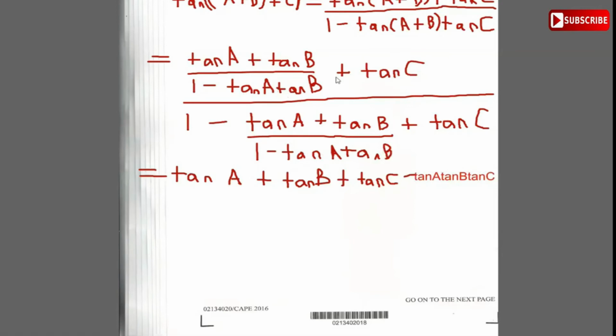Tan C times this, tan C times this, yep. And then all of this is divided by 1 minus tan A tan B.